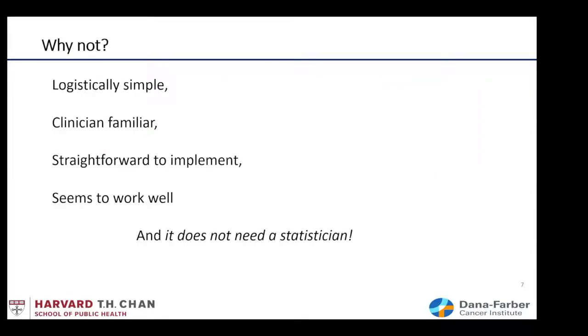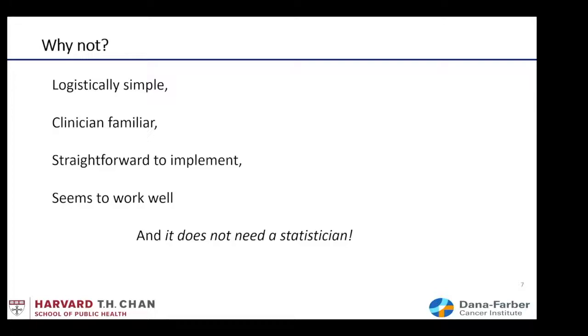I'm sure some of you, just like some of my collaborators, ask me why not. This 3+3 design is logistically simple and clinicians are familiar with it. From the physician's perspective, choosing a trial design that is well understood and easy to implement is of utmost importance.